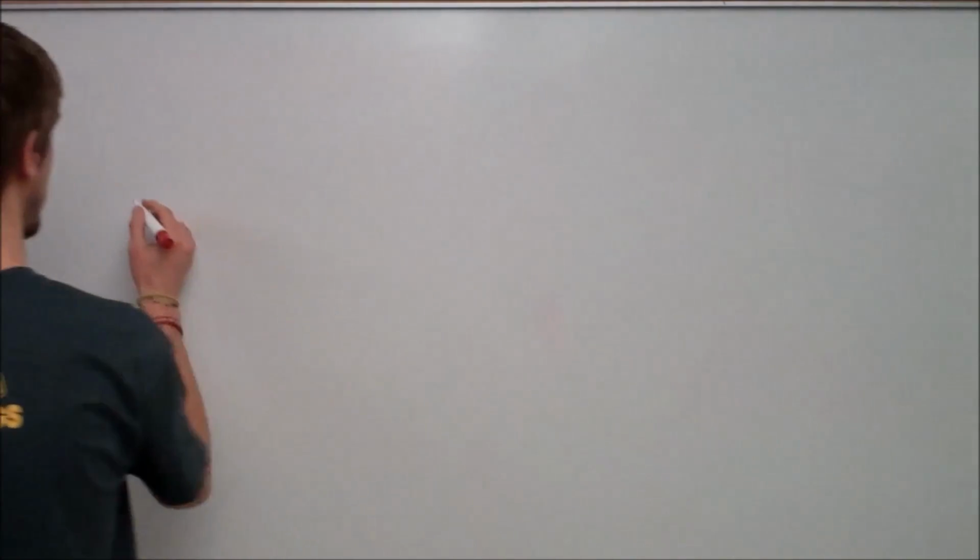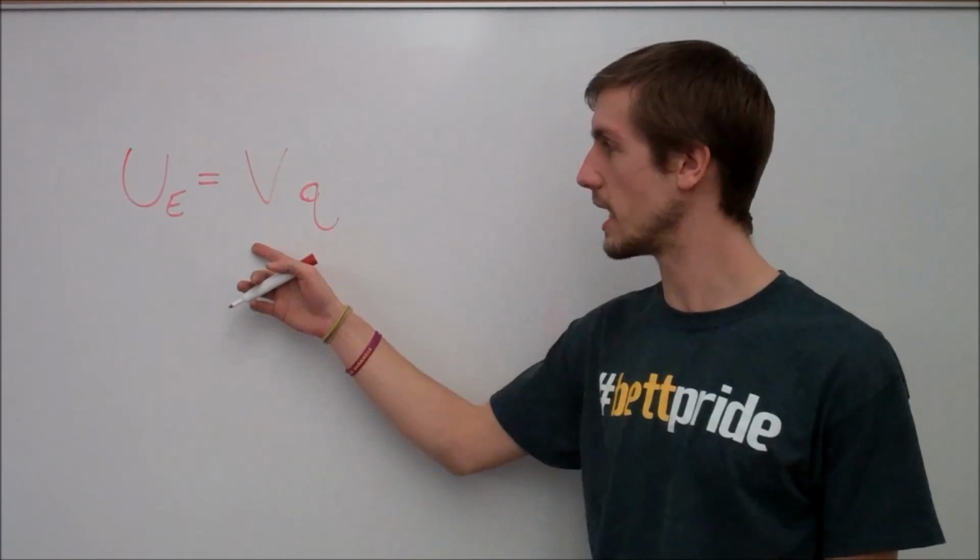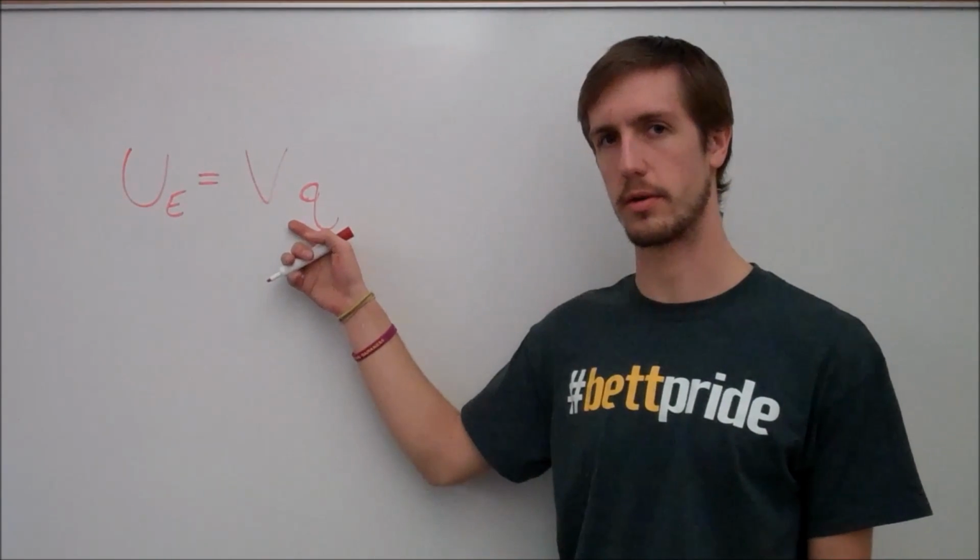Now the last part I want to talk about is how much energy is built up on a capacitor. I think the best way to do it is to show it graphically. If we look at how much work was required to move a charged particle through a difference of potential, we said voltage multiplied by the charge of my particle.